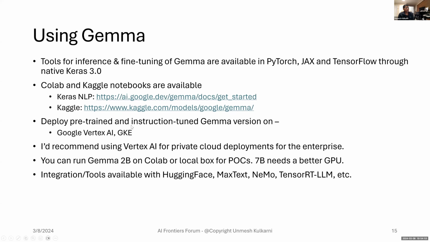You also can deploy pre-trained as well as instruction-tuned Gemma versions on Vertex AI, with GKE, with Kubernetes. I would personally recommend using Vertex AI for any private cloud deployments. If you're at a company account and you want to deploy something for fine-tuning with your company data, I would recommend opening up a Google Cloud GCP account using Vertex AI, and then using Gemma or Llama over there.